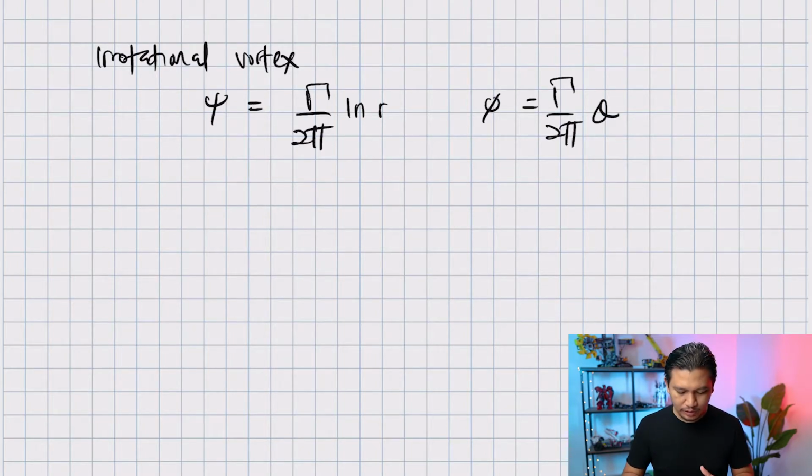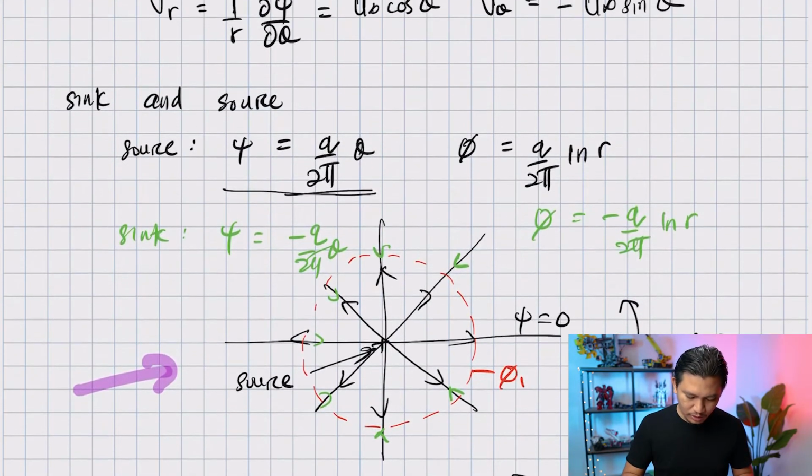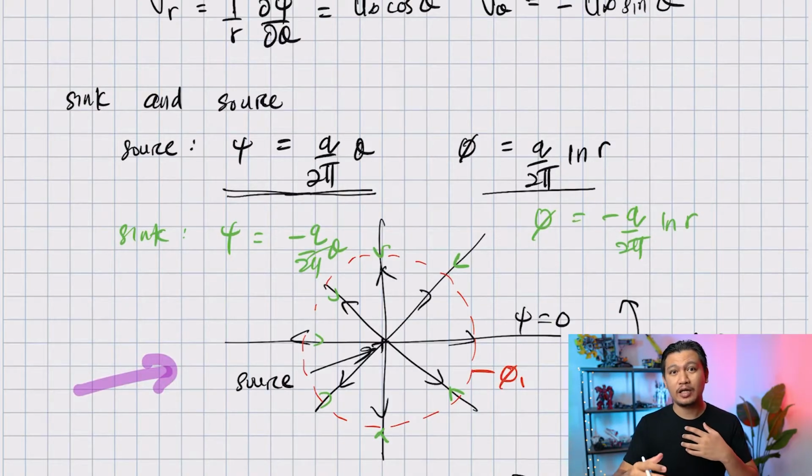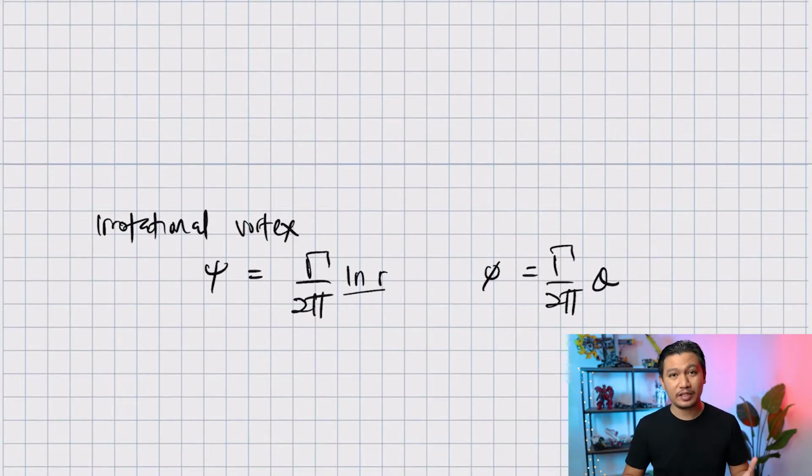I think you can almost see the similarity of this equation with the source and sink equations. It seems like the relationship has been reversed. For example, you see ln r in the stream function now. And this capital gamma is what we call the vortex strength.